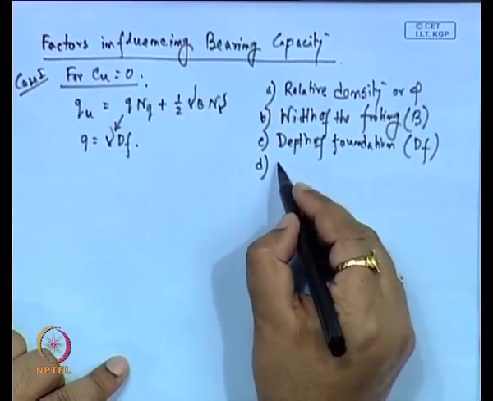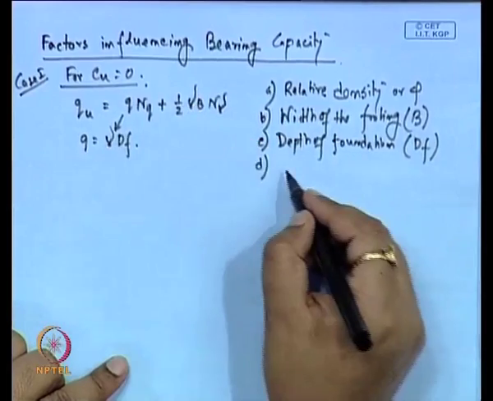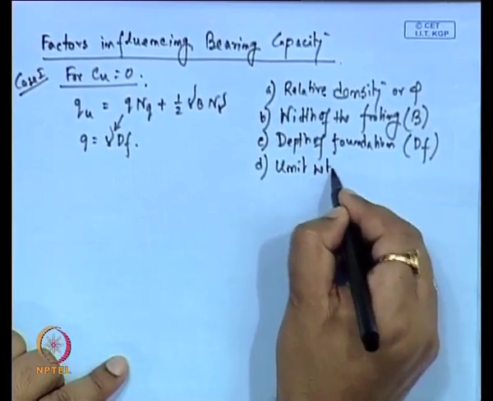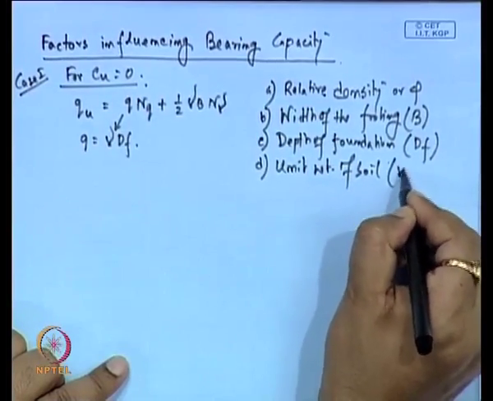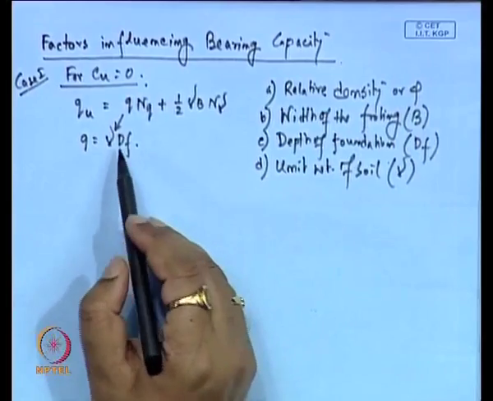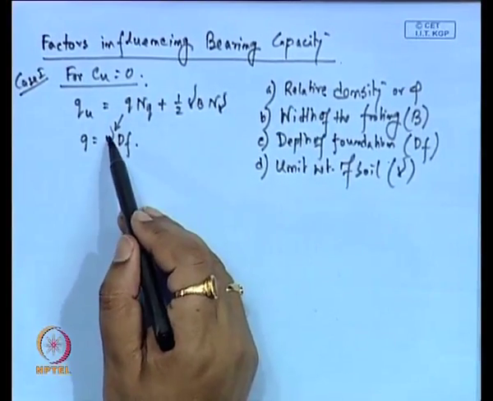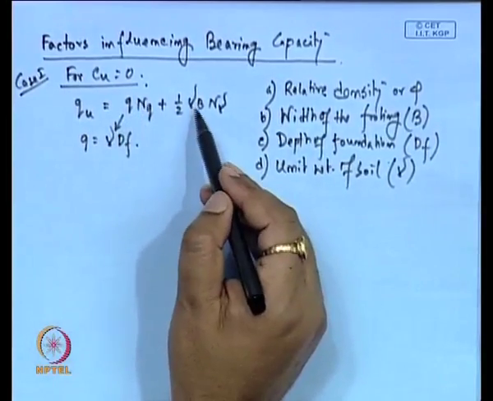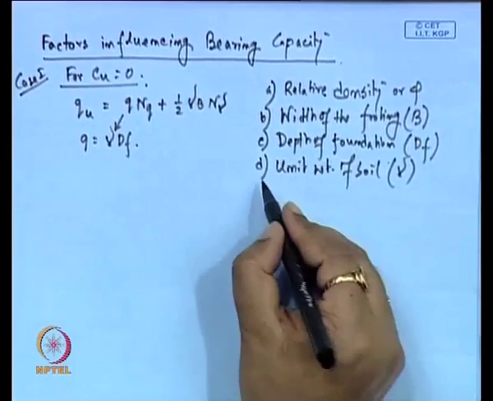The next one is the unit weight of the soil, that is gamma. These gamma values are there. This gamma represents the unit weight of the soil above the foundation base, and this gamma represents the unit weight of the soil below the foundation base.